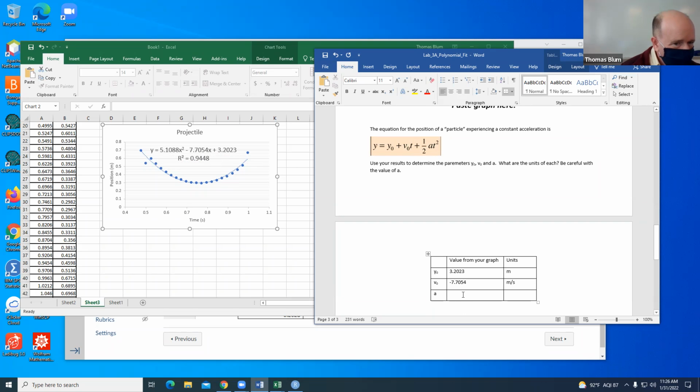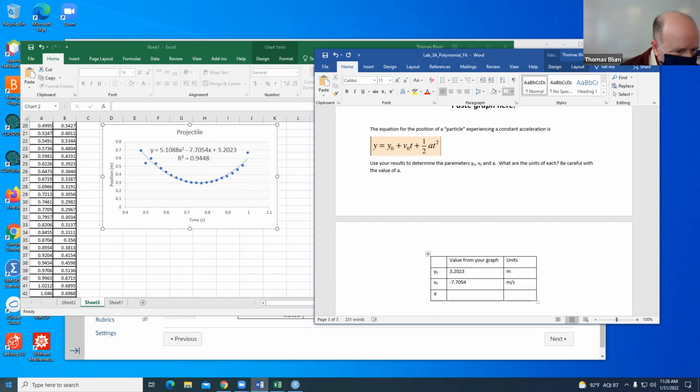Now the hardest part is the acceleration. So over here, the acceleration is related to the square term, and that's the 5.1. But it's not simply a by itself, it's 1/2 of a. So 1/2 of a is equal to 5.